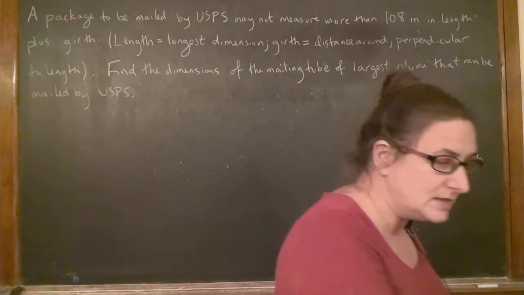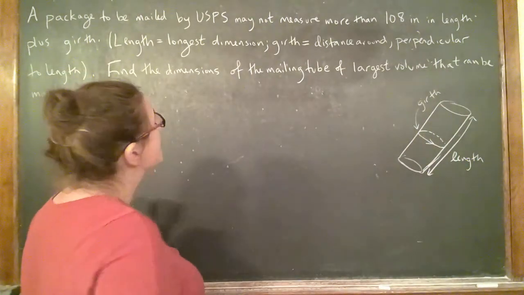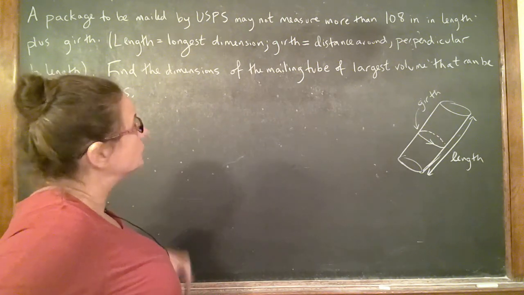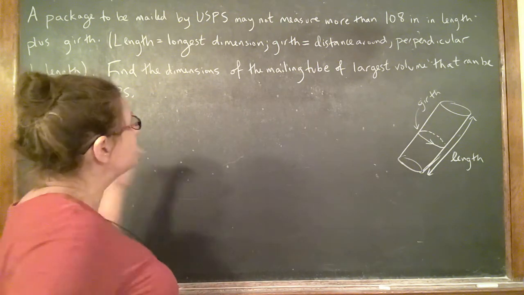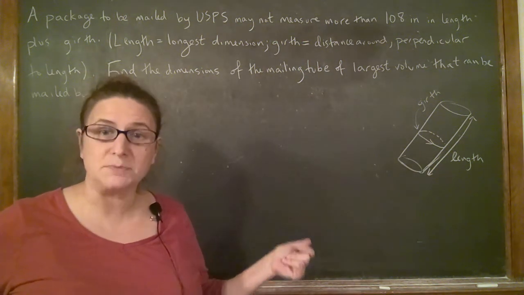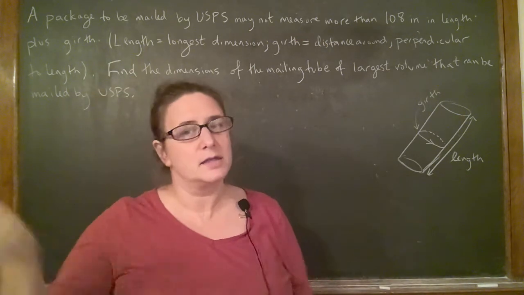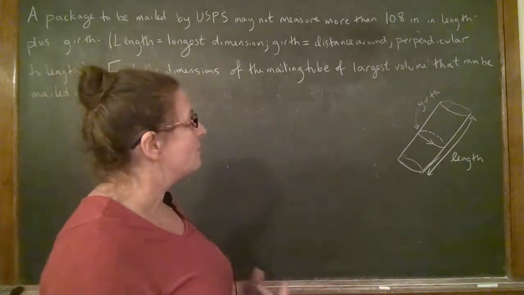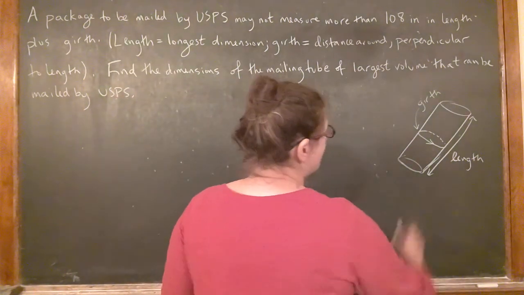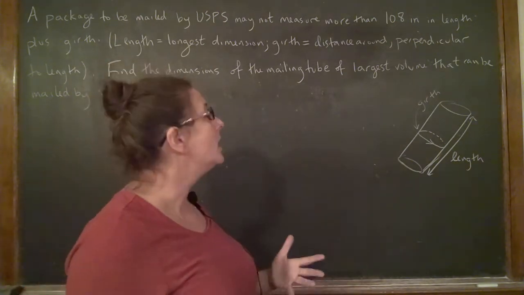Those two dimensions cannot be more than 108 inches. So the problem asks us to find the dimensions of the mailing tube of largest possible volume. Because you can imagine it can be short and fat, or long and thin, but the constraint is that the length plus the girth cannot be more than 108.